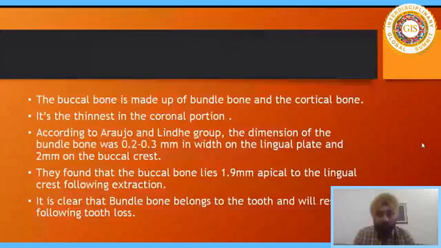So it is clear that the bundle bone is prone to resorption following tooth loss. And after tooth loss, what happens? They found the buccal bone was lying 1.9 mm apical to the lingual crest following extraction. This is huge.